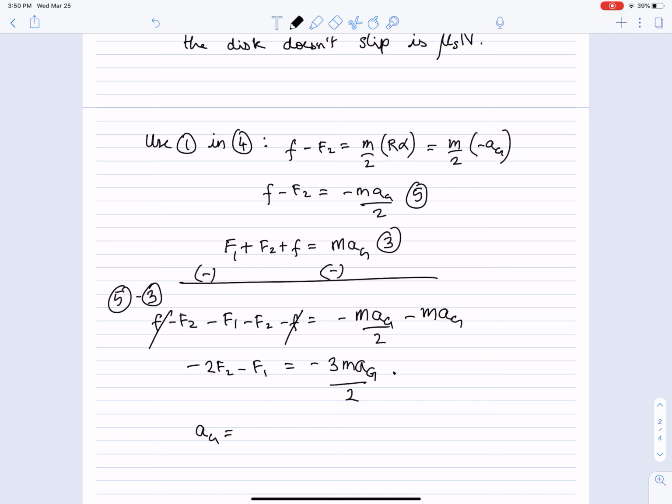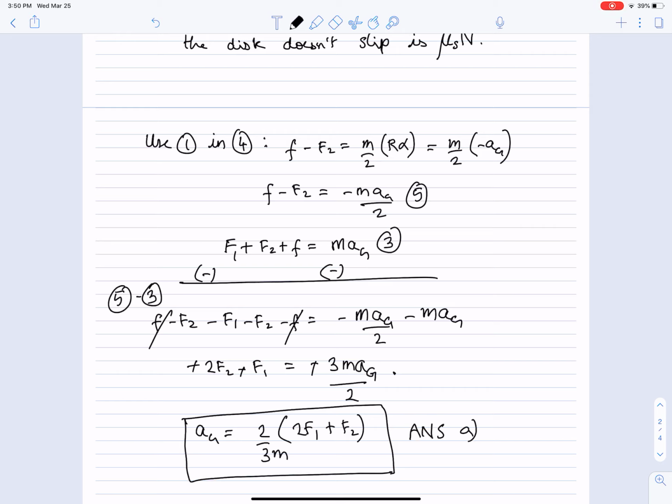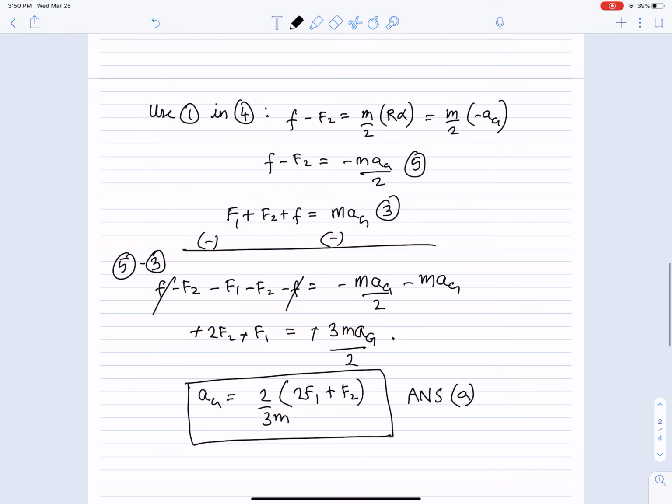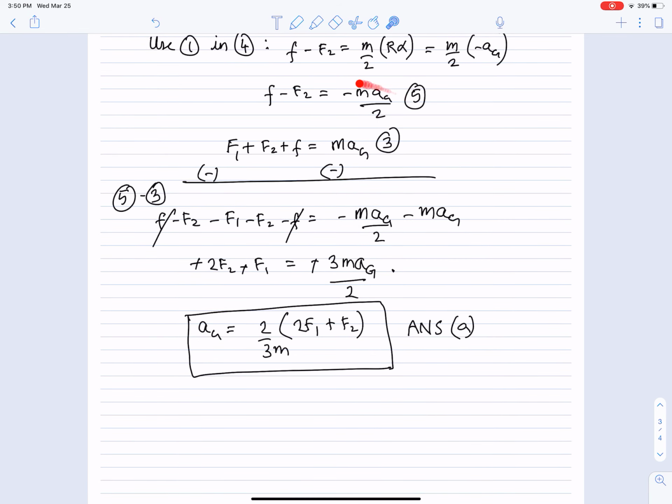Ag equals, I guess we can remove all the minus signs, so you get Ag equals 2 over 3M, M goes to the denominator, 2F1 plus F2. So this is part A, the answer to part A. And then we can quickly compute the value of the friction force using, say, equation number 5 or whichever equation.